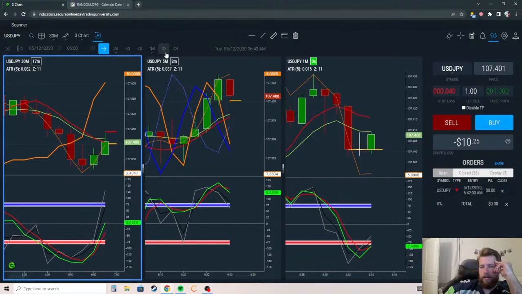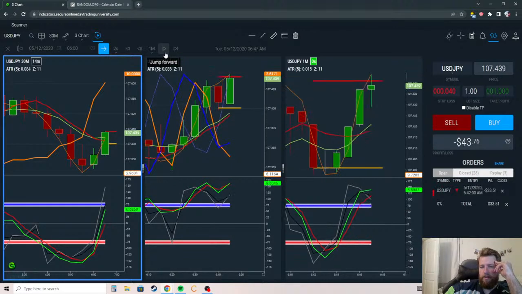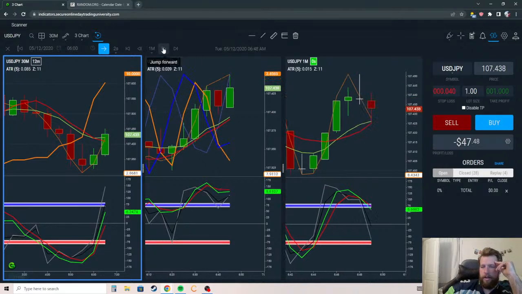Hydra. Okay, let's see if we can make it back down. Oh, or we'll lose. Hydra. Pointing up. The only TNT going in our direction is the thin orange.